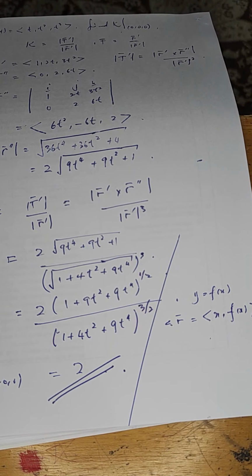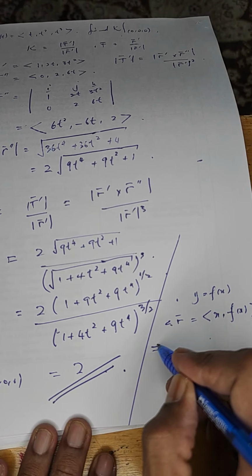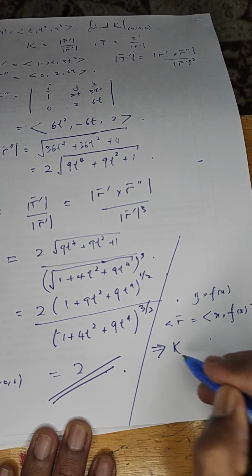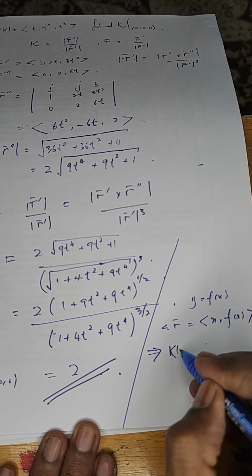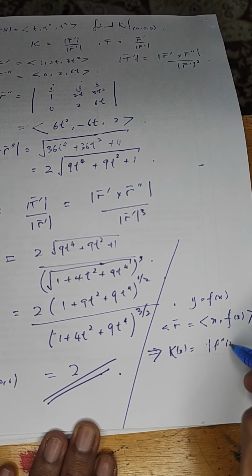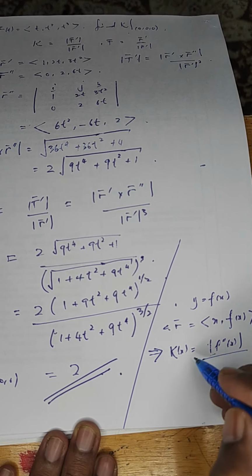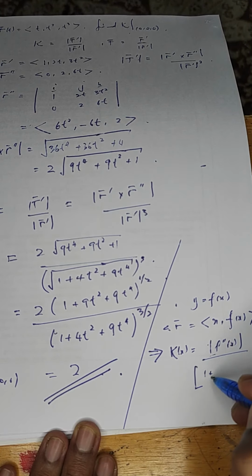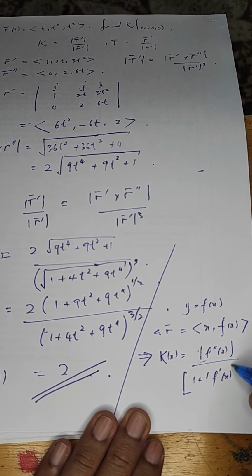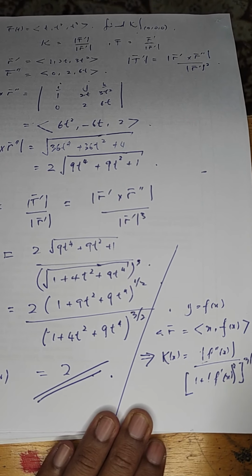So what you can find later on, this kappa, if you do this, you will have kappa of x is just f double prime of x over 1 plus f prime of x squared, to the power 3 over 2.